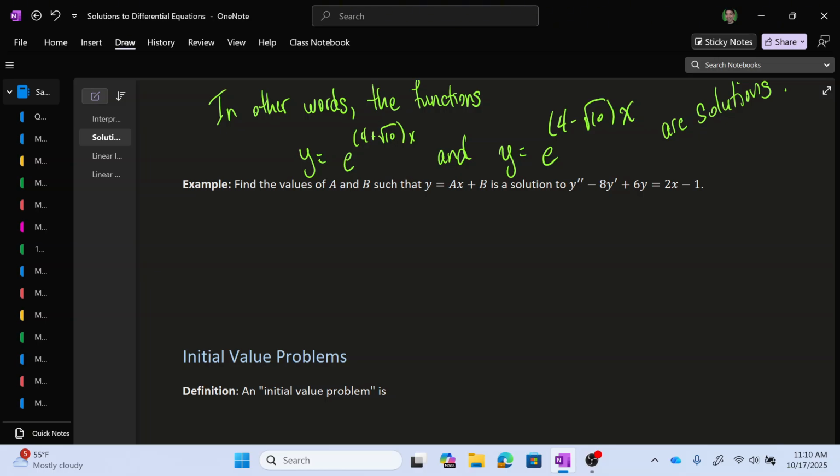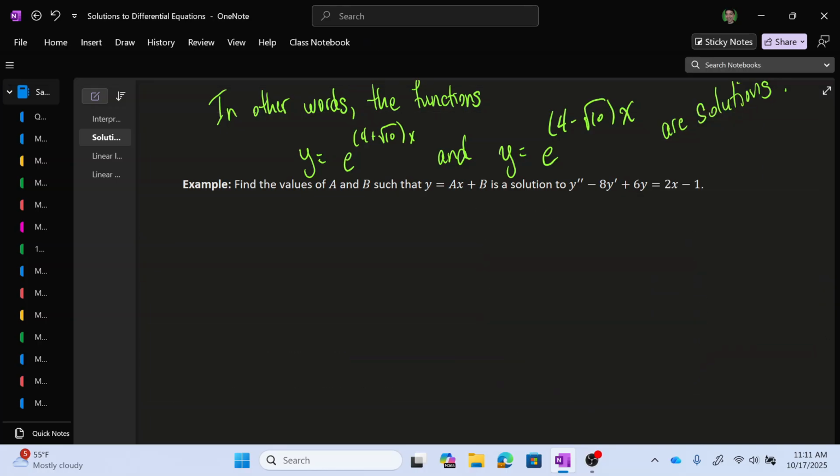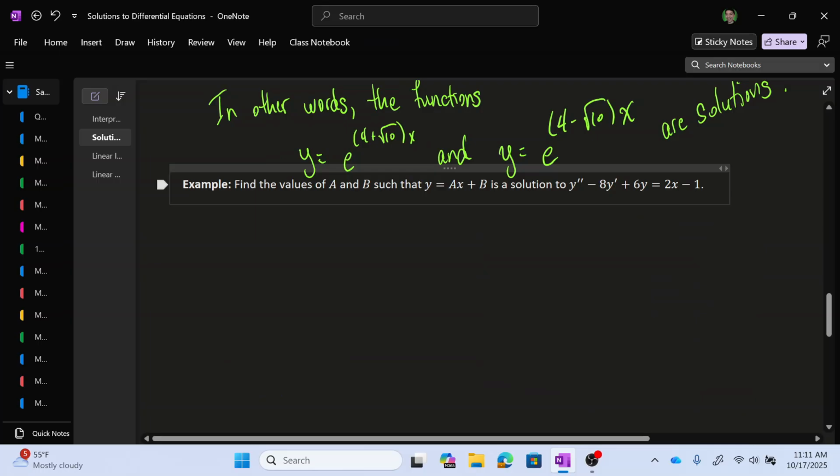To give you another example of this process in action, someone says, okay, I'm thinking of the differential equation y double prime minus 8y prime minus 6y equals not 0, but on the right-hand side, 2x minus 1.